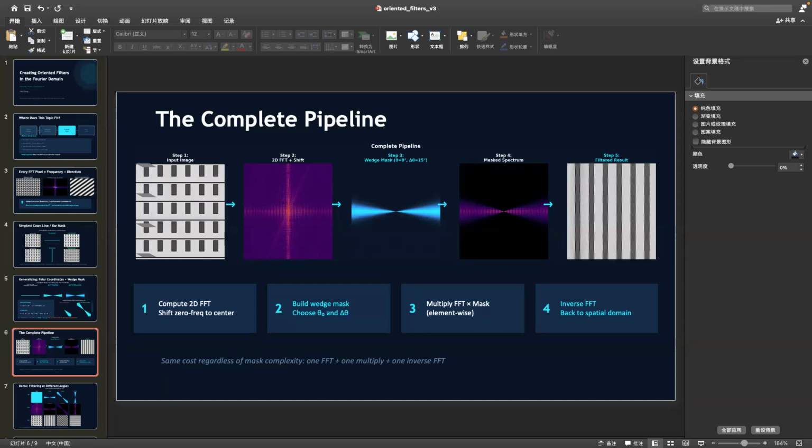Step three, multiply the FFT by the mask, element by element. This is actually the filtering. Every frequency component outside the wedges gets zeroed out. Step four is inverse FFT to get back to the spatial domain. And just like Professor Maxwell showed with the Gaussian filter in the frequency domain, it doesn't matter how big or complex your mask is. The computation is always the same: one FFT, one element-wise multiply, one inverse FFT.